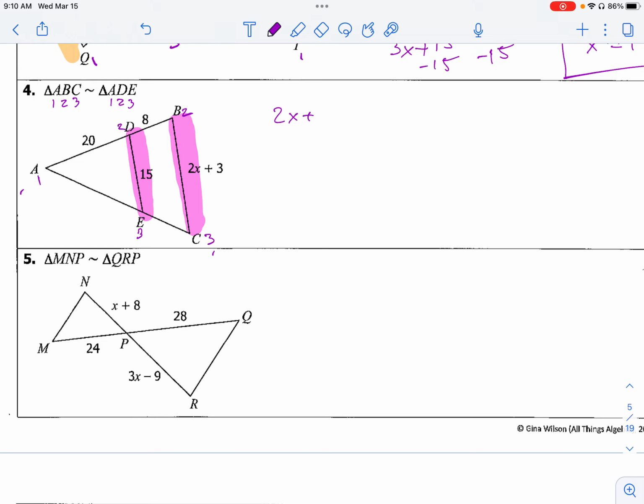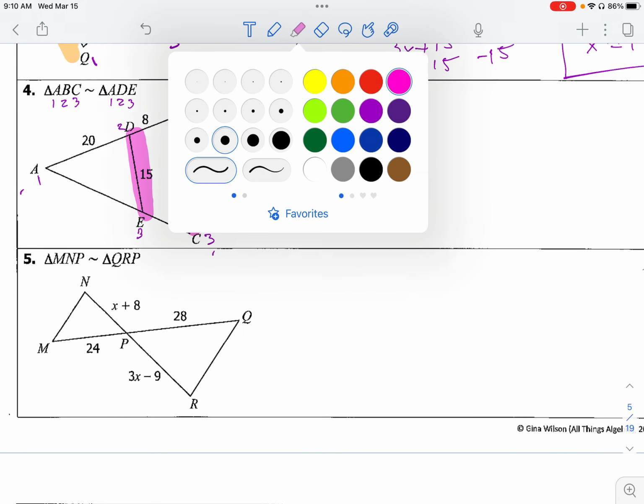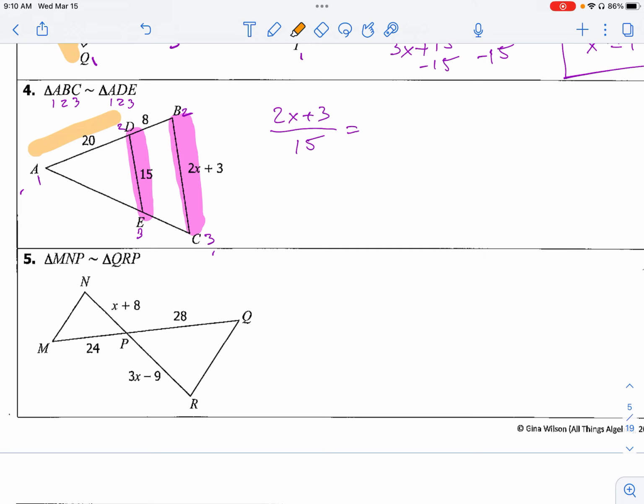So we get 2x plus 3 over 15. And that's going to equal, we need some numbers. Well, here they're trying to trick us. So we know AB is on top. Let's do this. AB.